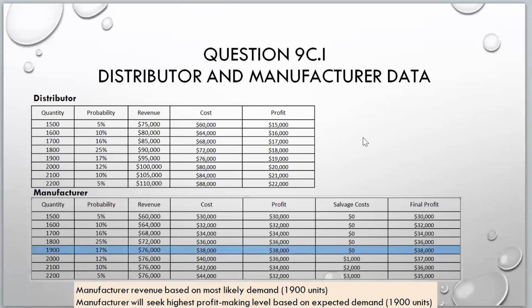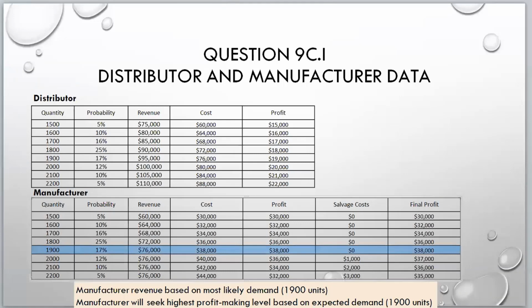So the manufacturer is going to say, well, based upon your demand forecasting, since you're most likely going to make 1,900, when you factor in the salvage costs, which in this case I set at $10 a unit, and the most likely probability of selling 1,900 units, as before, our best profitability is at 1,900. And that makes sense.